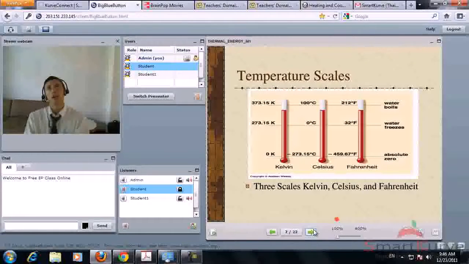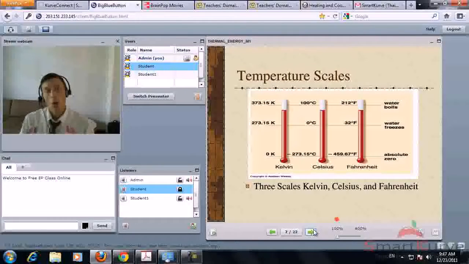Think about the cars on a highway. When the cars are moving very slowly, they tend to be very close together. When cars are moving very quickly, they're going to be farther apart. Molecules are the same way. When they're moving faster, they're going to be farther apart.